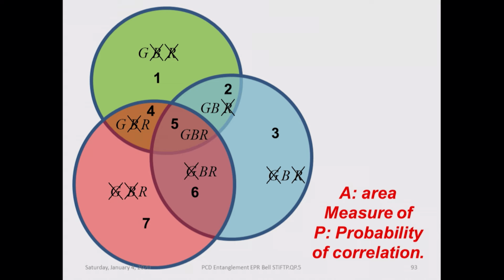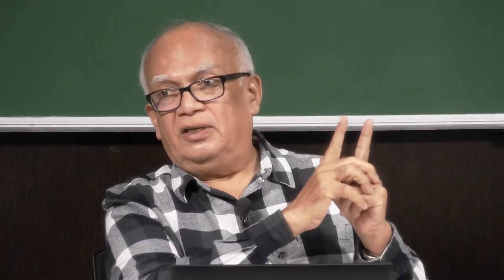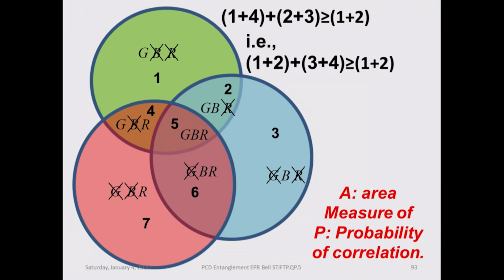And those correlations we have already discussed in terms of the modulus square of the coefficients of the sine and cosine of the half the difference angles, and here the correlations are indicated by the Bell's inequality. So, here you see the same kind of thing that we did earlier, that the area 1 plus 2 plus 3 plus 4 will be greater than or equal to 1 plus 2.